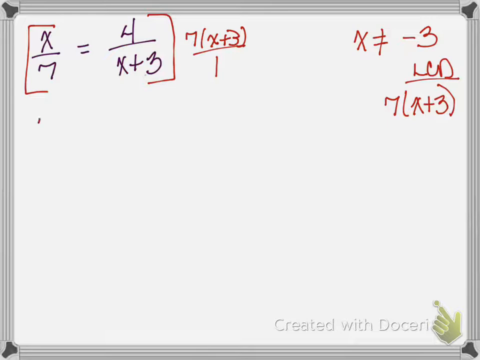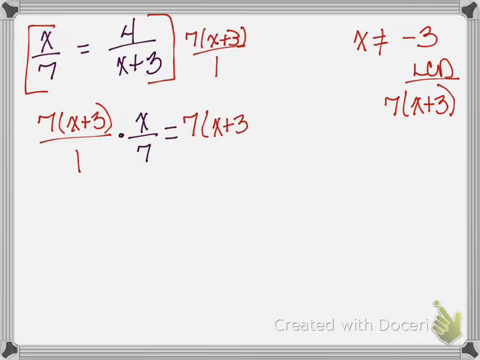So I have 7 times X plus 3 over 1 times X over 7 equals 7 times X plus 3 equals 4 over X plus 3.